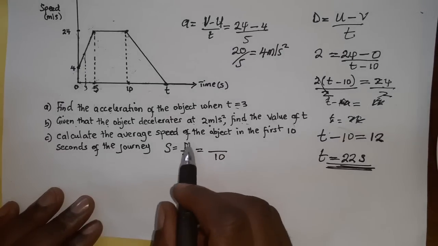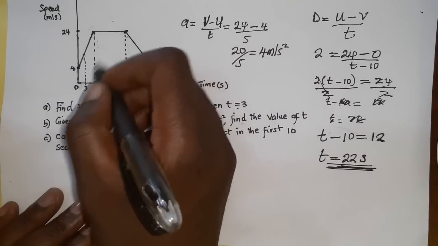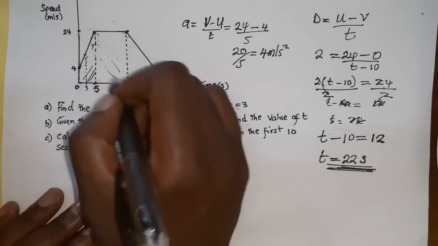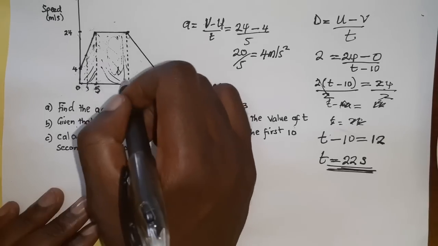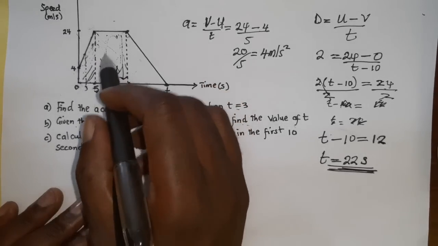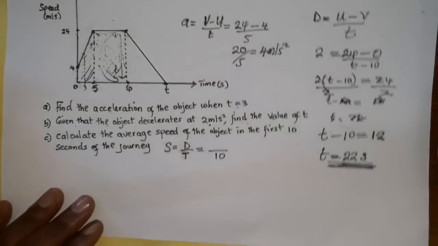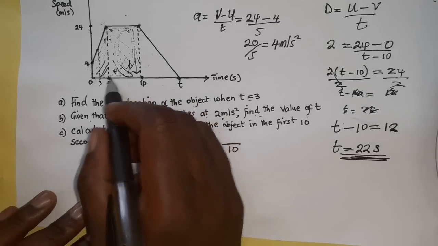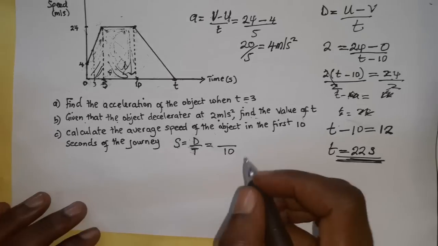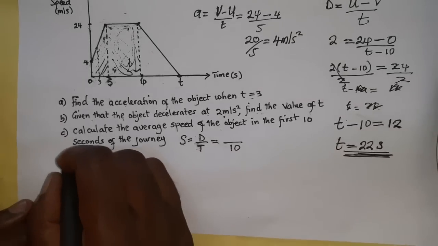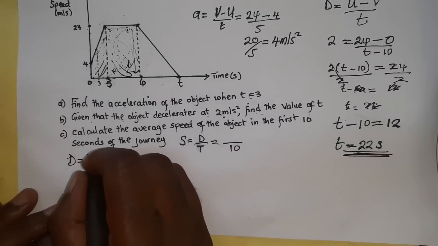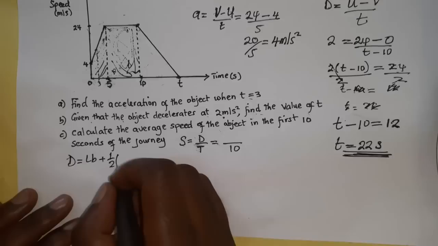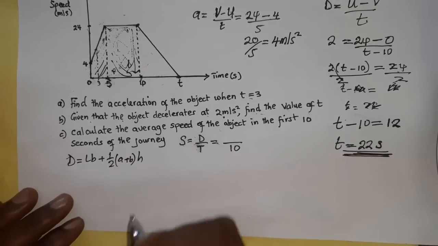But the distance that was covered here, as you may know, we need to find the area of this part, as well as this one. The first 10 up to here. So how do we find this one? This is very simple. This is 5. So this is like a trapezium, which is 1 over 2, (A plus B), then h.